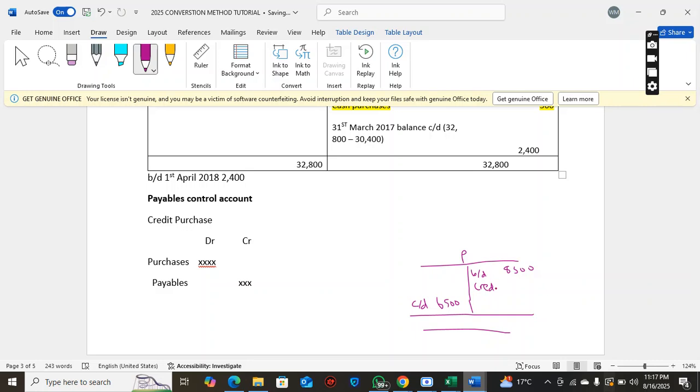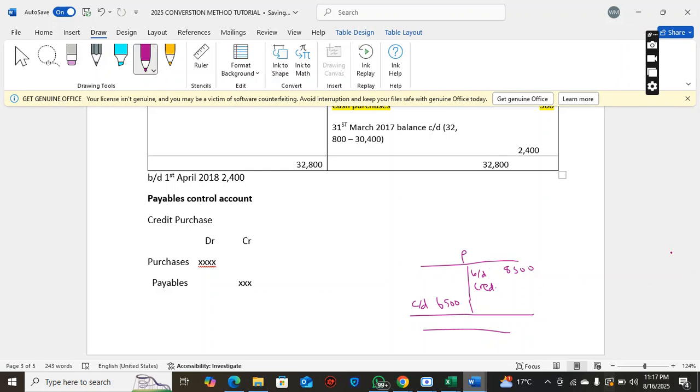My question was, where does credit purchases appear on this control account which we're making? We've known the general entry for a credit purchase, so now we have to see where it's going to appear on our control account. And I said it's going to appear on the credit side.